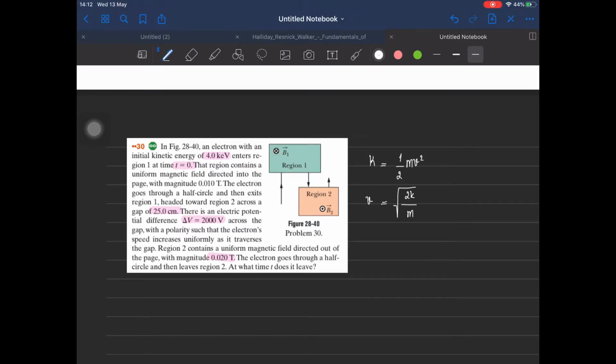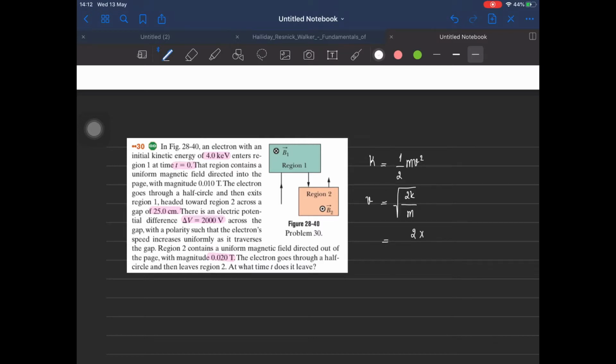Okay, and we can substitute all the numbers that we have for the kinetic energy, which is 4 kilo electron volts, and we have to also change this unit into the normal unit that we usually use in physics as well. Let me write this in the expansion.